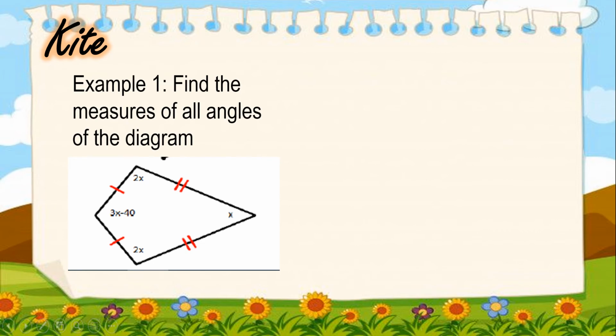Let's have an example. Find the measures of all angles of the diagram. In order for us to find the measure of all the angles of the given kite, we must first find the value of x.